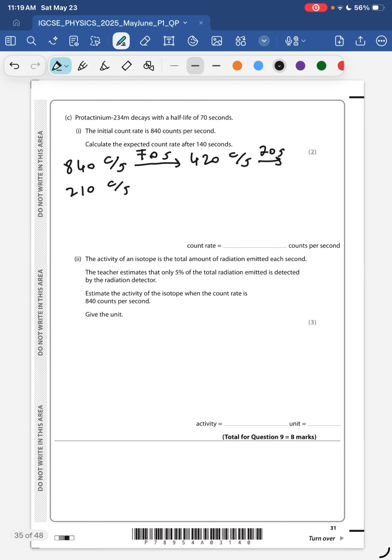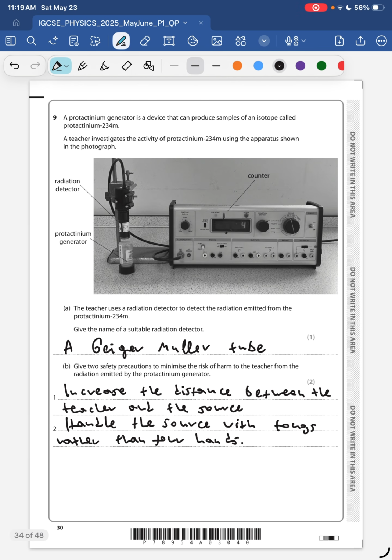So if you go to this device here, if the source is down there, it emits radiation in all these directions equally. Only a small portion of this radiation enters the detector, and they tell us that's 5%. Whatever passes through this window is what is captured.